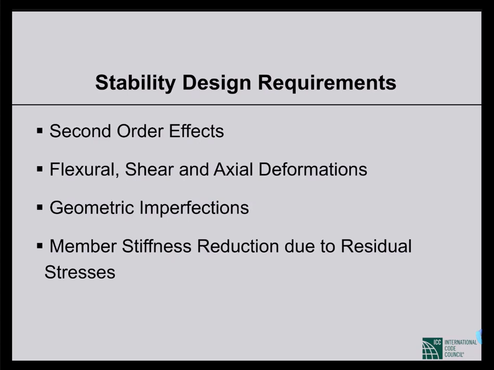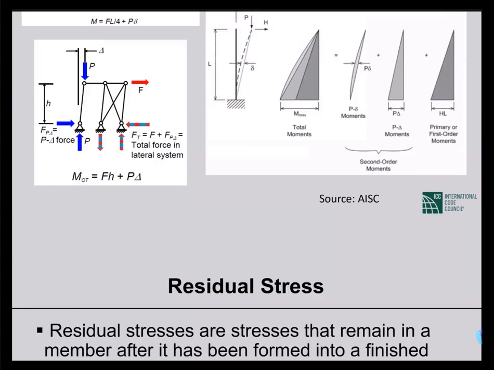Another is flexural, shear and axial deformations that we'll see. And geometric imperfections, it's very difficult to consider them analytically, but there are ways. We'll talk about that tomorrow in the direct analysis method. But we have to consider the member stiffness reduction due to residual stress, and now how they are induced in a member, in a steel member.